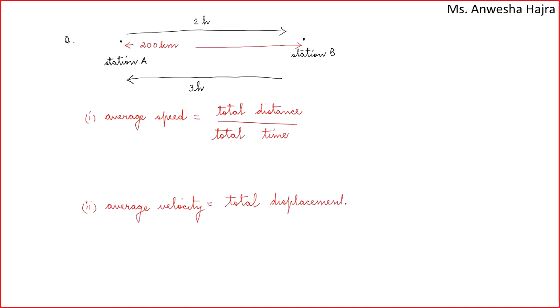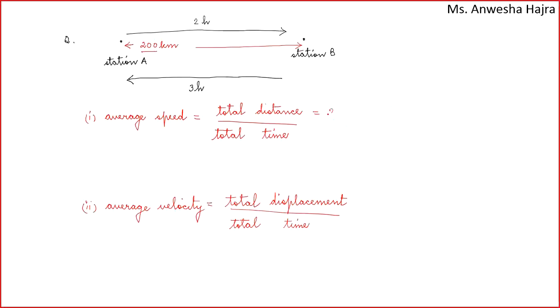Total displacement divided by total time. Now what is my total distance? The train takes 2 hours to go from A to B. The distance covered is 200 kilometers while going, and while coming back it has to cover 200 kilometers.